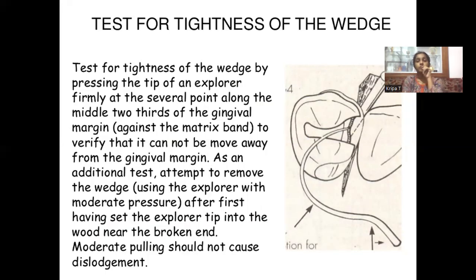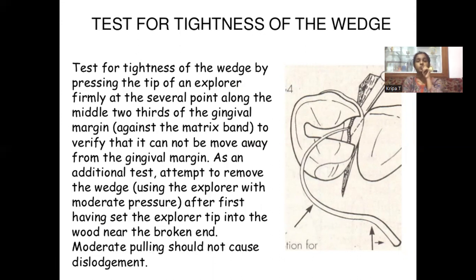Now, once you have done with the placement, you have to check for the tightness. Now, how do you do that? This is the usually asked chair side question to the preclinical students and also to the part 2 students.